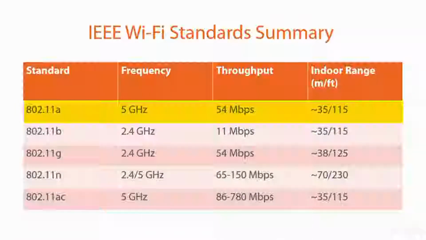802.11a operates at the 5 gigahertz frequency. Now, these frequencies refer to cycles per second. You could look at it, in your mind, as a sine wave projecting in all directions horizontally out from an antenna, and the frequency determines how fast that wave moves. The two basic frequencies used in Wi-Fi are 2.4 gigahertz and 5 gigahertz.